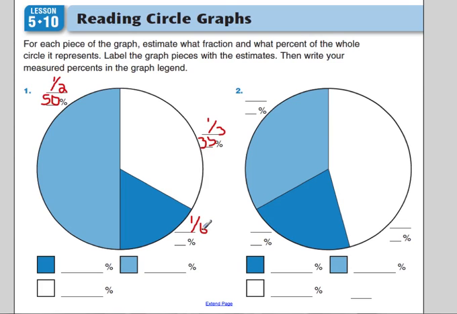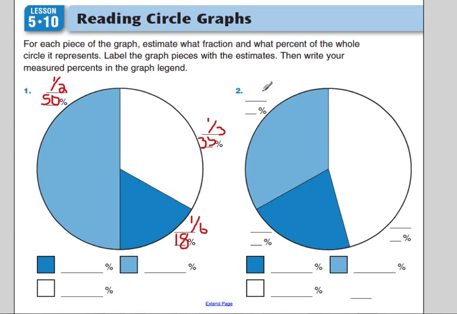Now, what would I estimate? I'm not even exactly sure. I know if it were 1/5, that would be like 20%. So it's probably a little bit less than that. I don't know. I'm going to guess 18. I'm going to estimate 18%.